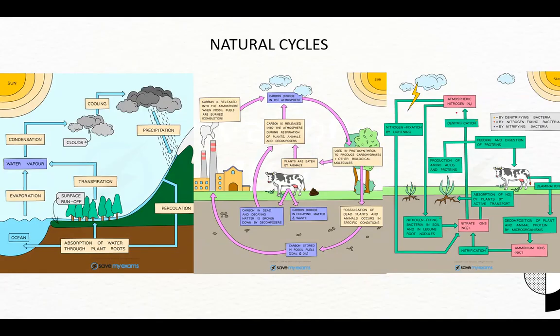Or the second way, we have nitrogen fixing bacteria in the soil. So there are some microorganisms that are able to take the nitrogen from the air and convert it into a form that plants can use.